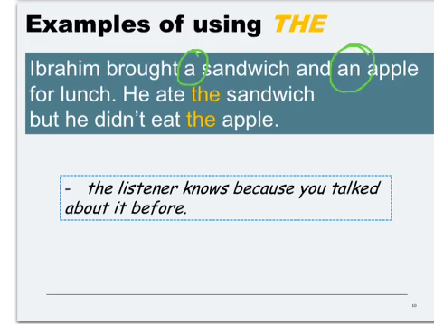In the second part, we say the sandwich and the apple because we've already spoken about them. We know which sandwich and which apple we are talking about. They're the ones that Ibrahim brought for lunch. So, the listener knows because you talked about it before.